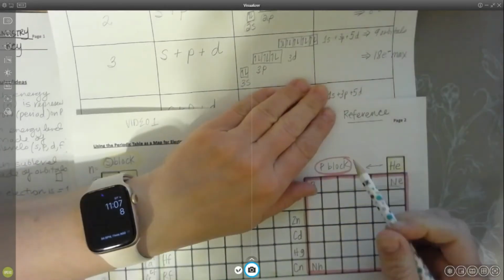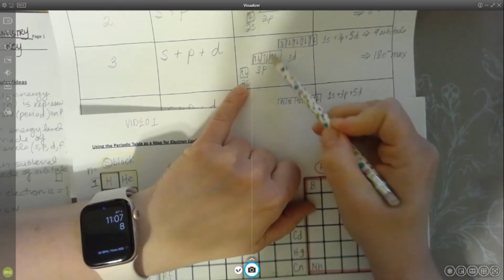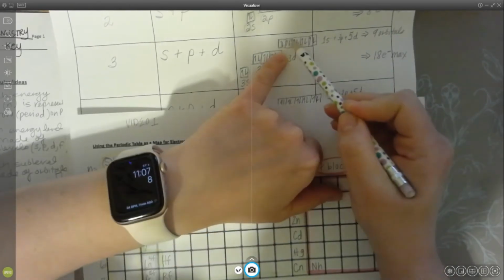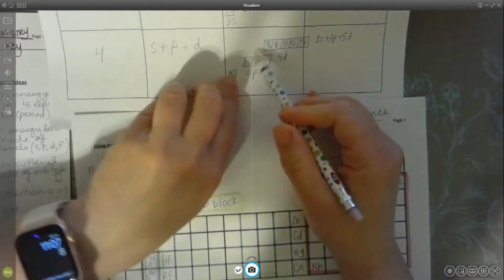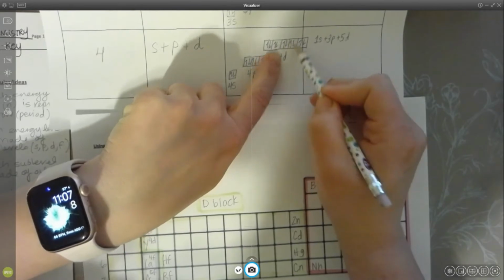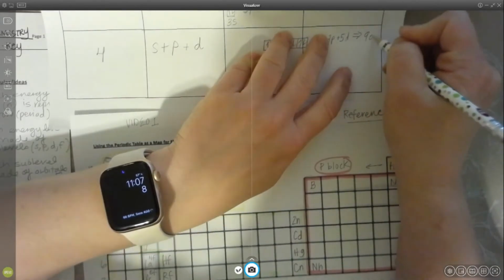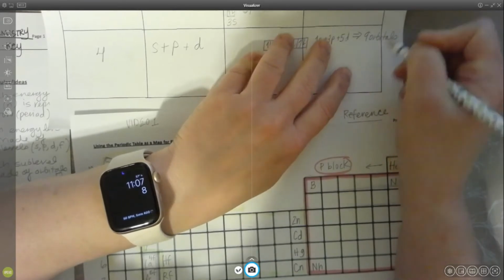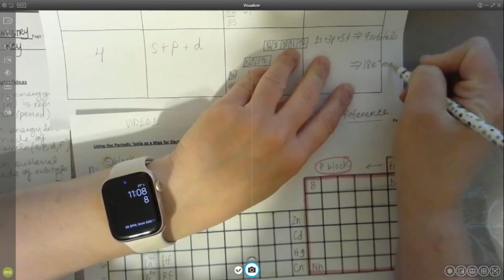Probably like, she can't add. 1s, 3 p's, 1, 2, 3, 4, 5 d's. That gives me 9 orbitals. And that equals 18 electrons max.